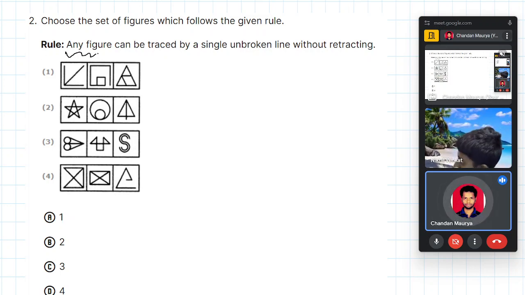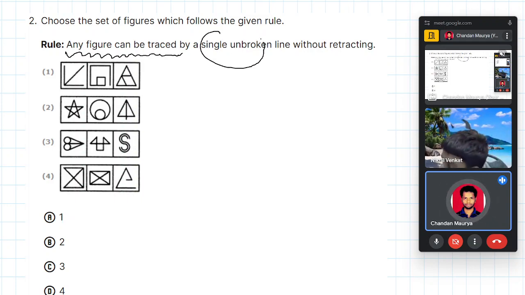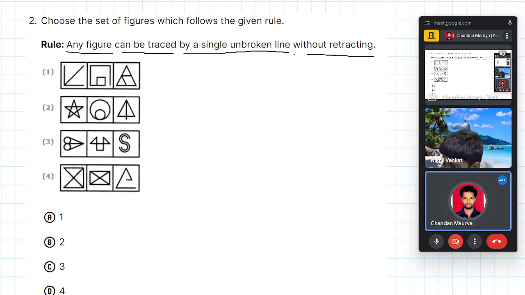Now see, any figure can be traced by a single unbroken line without retreating. What is this? Any figure can be traced by a single unbroken line without retreating.